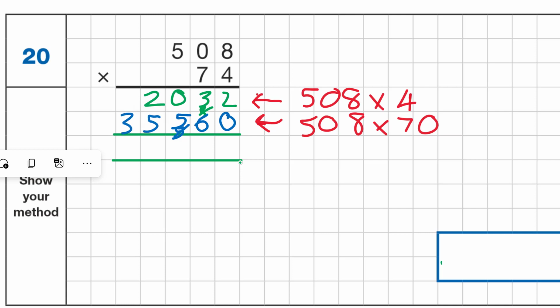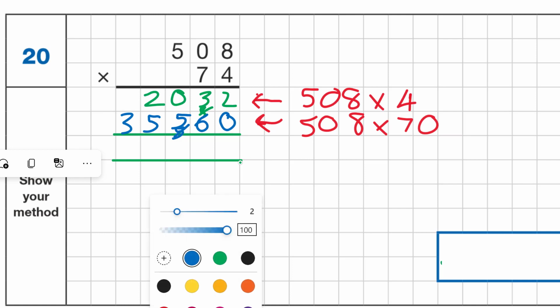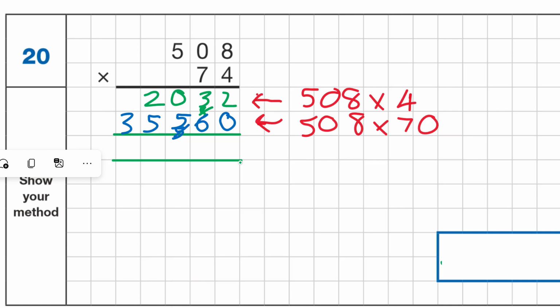Now that I've written all of both my calculations in, both my lots of multiplication, we're now going to add the 2 rows together. 2 plus 0 is 2, 3 plus 6 is 9. Now, if I didn't cross that 3 out, there's a chance I could have added that in by accident.